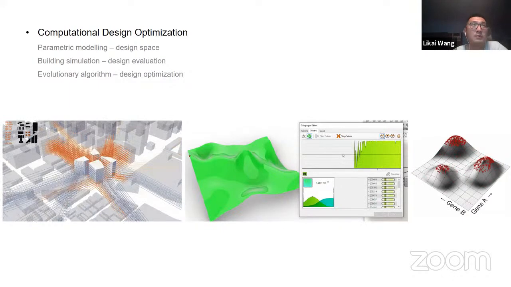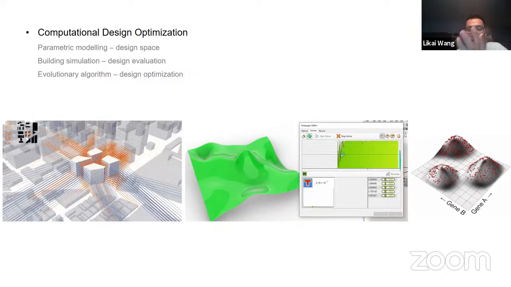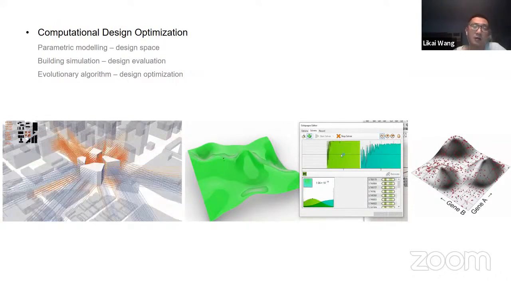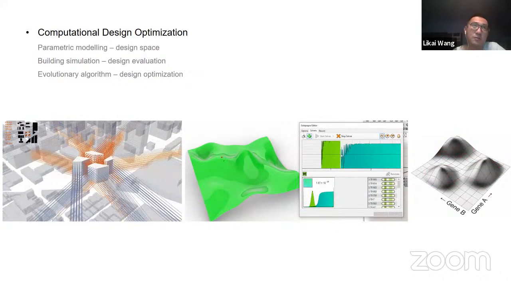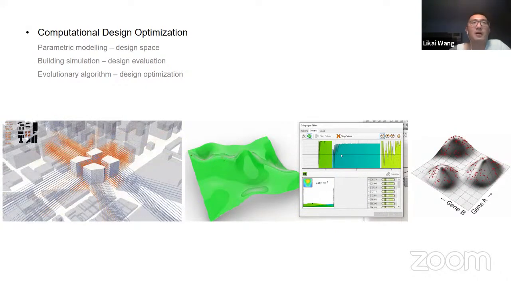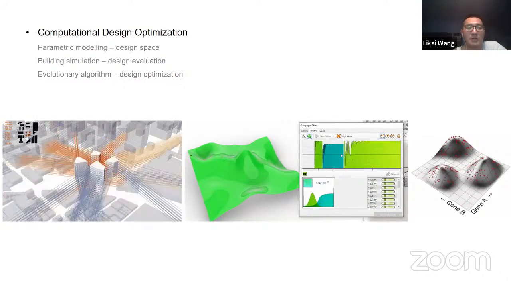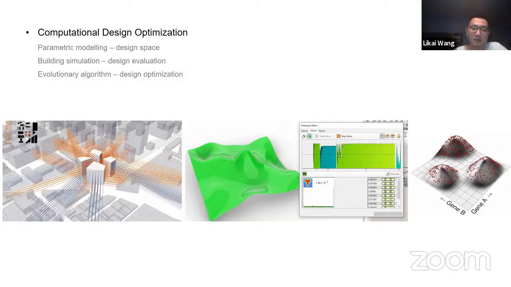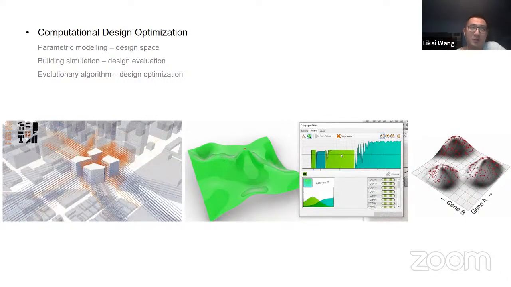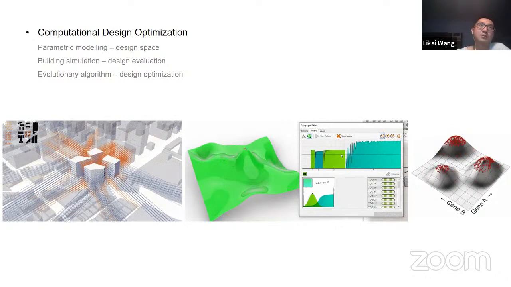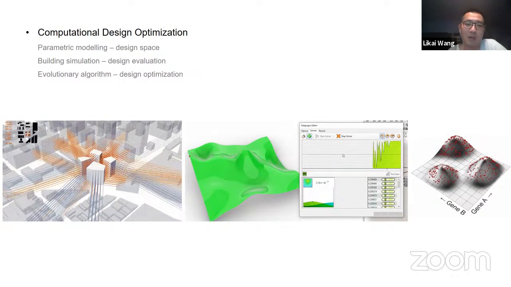So about 10 years ago, computational design optimization became a new technique in architecture design, along with parametric design and platforms like Grasshopper. Computational design optimization is based on parametric modeling. The first fundamental element is the parametric design platform.